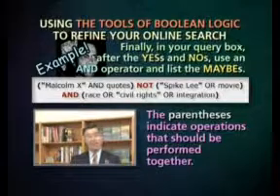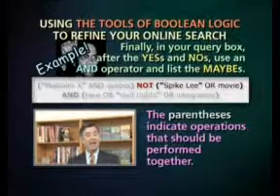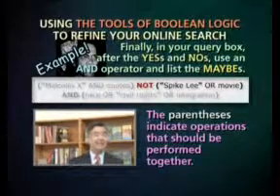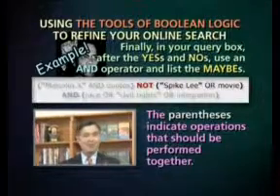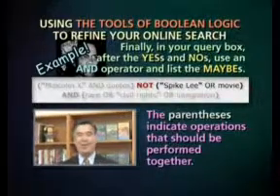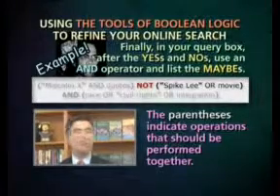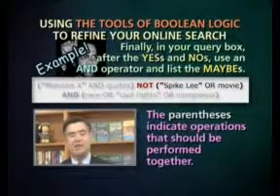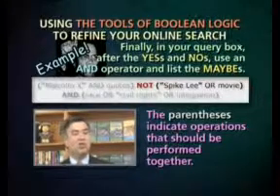So you notice the parentheses around Spike Lee or movie, all of that following the operator not. That tells you that it's not Spike Lee, and it's also not movie, because both of those are included within the parentheses. This may be a little confusing at first, but with some practice you'll get a sense as to how to use these operators and the punctuation marks in order to make your search very focused.